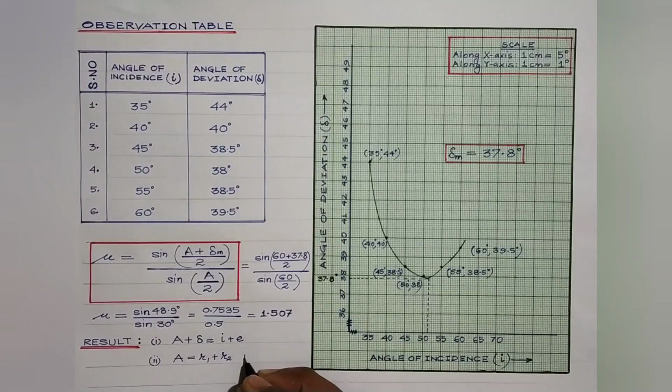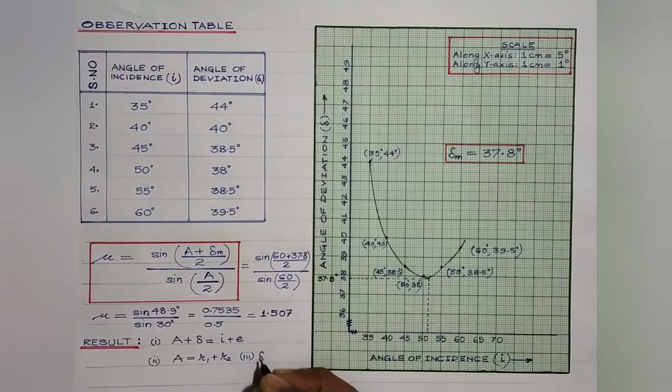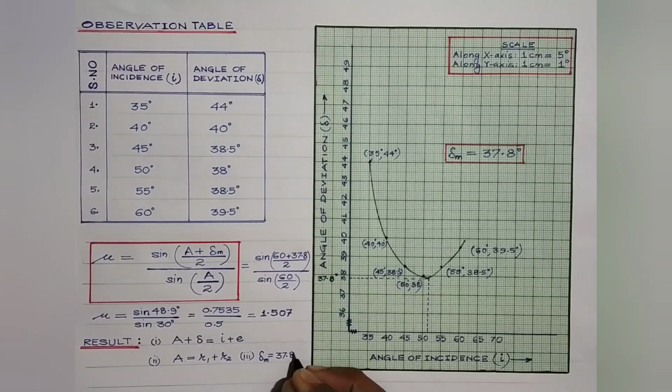Third is, students, with the help of the graph which we have plotted between the angle of incidence and the angle of deviation, we have determined the value of minimum deviation angle, and the value of del m is found to be 37.8 degree.